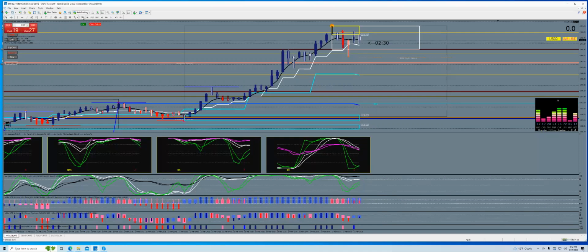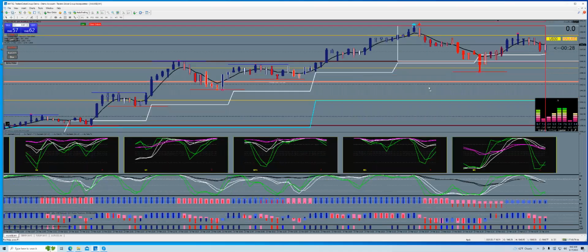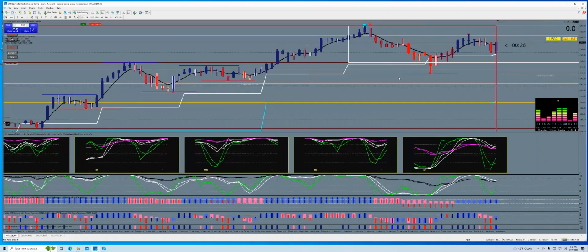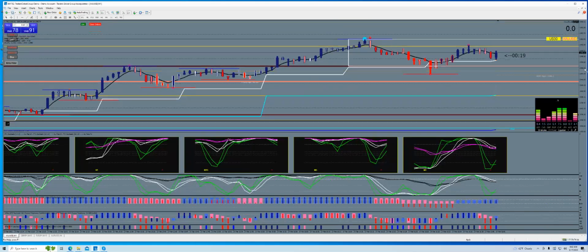I don't like going down to the 1 minute, but let's see what the 1 minute looks like. As you can see, everything's getting back in sync to go long again.